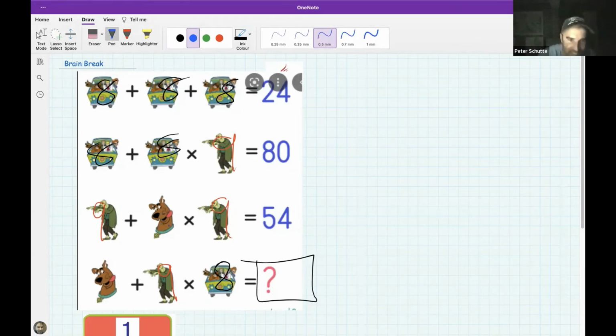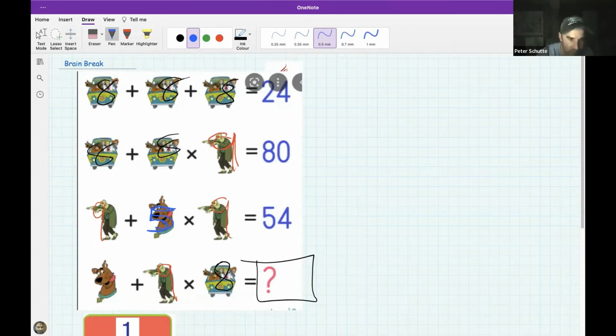So I think the Scooby-Doo is the key. I think once you get the Scooby-Doo, Cameron has an idea. Scooby-Doo is 5, because 5 times 9 is 45, plus 9 is 54.